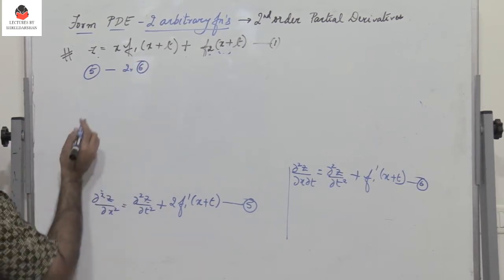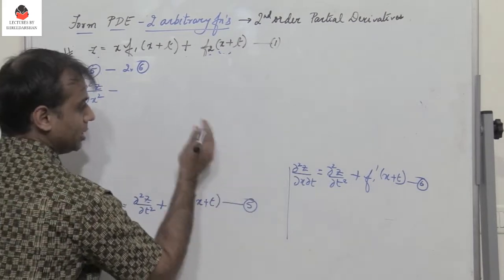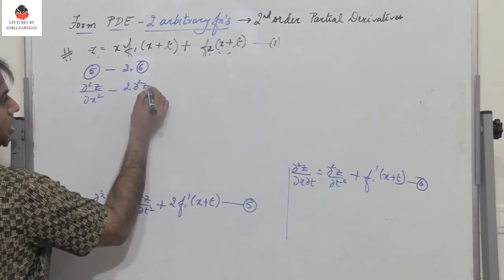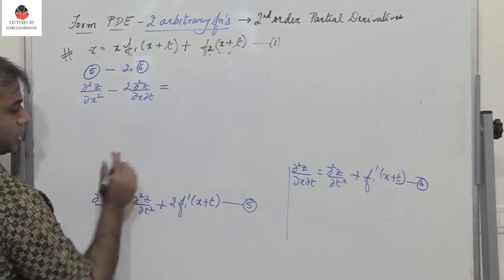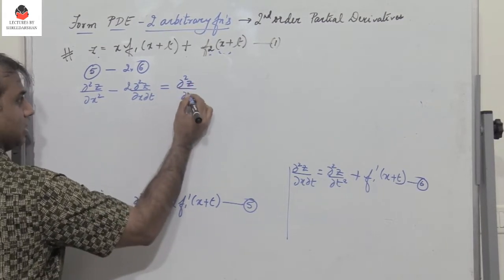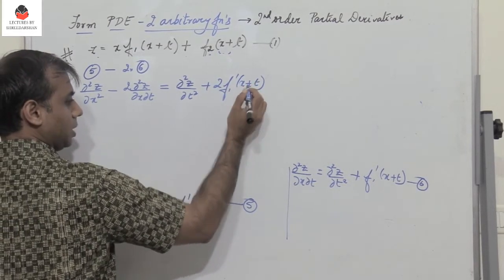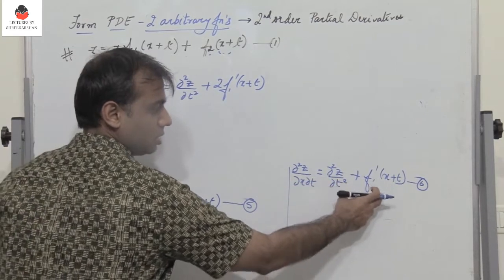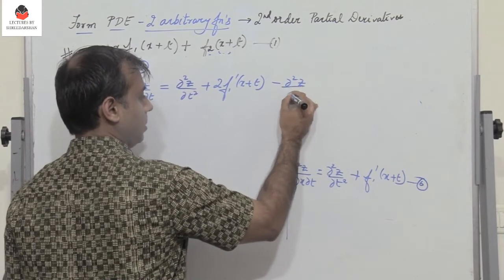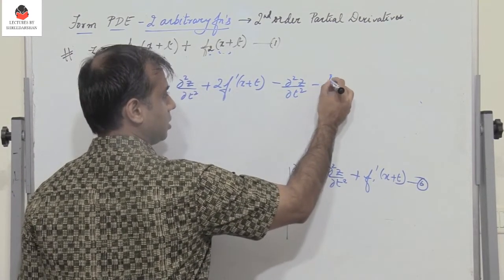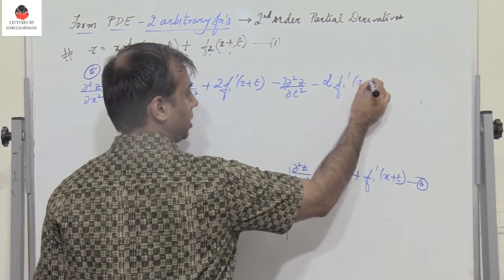So this is equation 5, del square z by del x square, minus twice, 2 into del square z by del x del t, equals equation 5, which is del square z by del t square plus 2 f1 dash (x plus t), minus twice equation 6, which is minus del square z by del t square minus 2 times, so I need to multiply this by 2, f1 dash (x plus t).